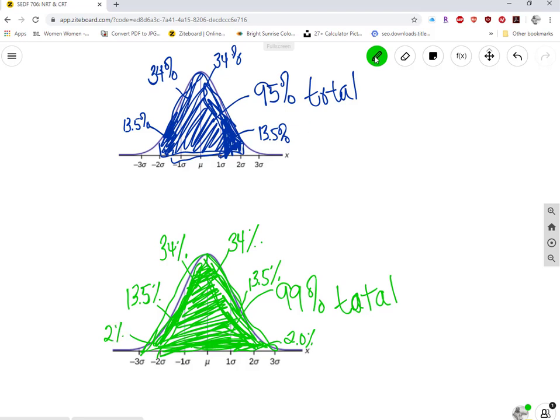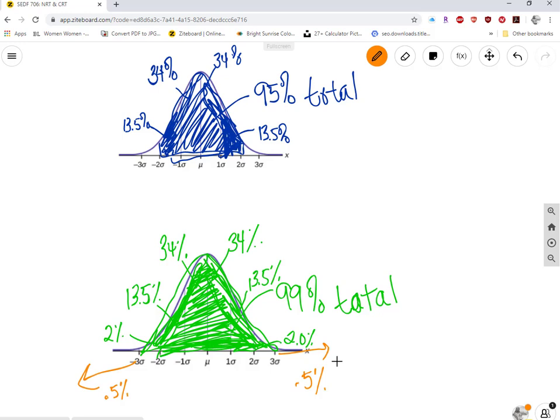Which means that anything less than 3 standard deviations below the mean is approximately 0.5%, and anything greater than 3 standard deviations above the mean has a probability of 0.5% occurring.